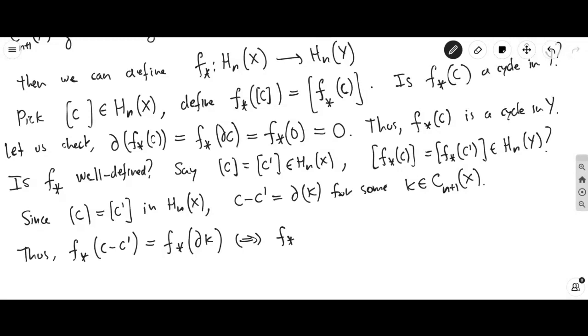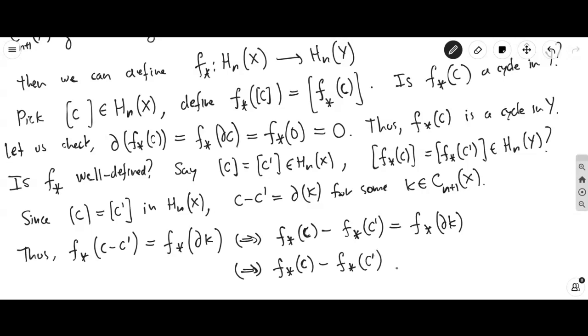So this would be F star of C minus F star of C prime, which is equal to F star of the boundary of K. And we're going to use the fact that F star commutes with the boundary, so we can interchange these two. So this would be the boundary of F star of K. Now this is a little bit sophisticated because there are different F stars.